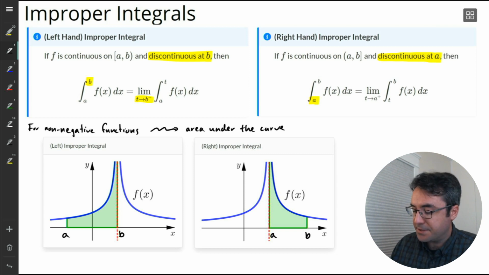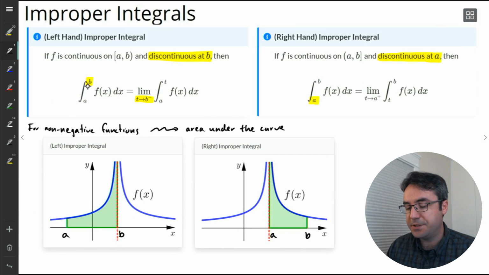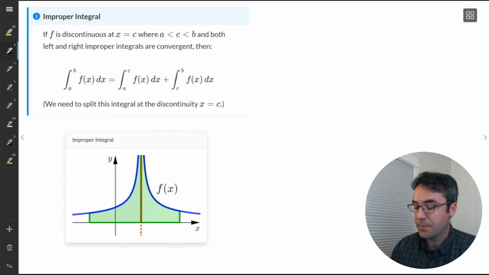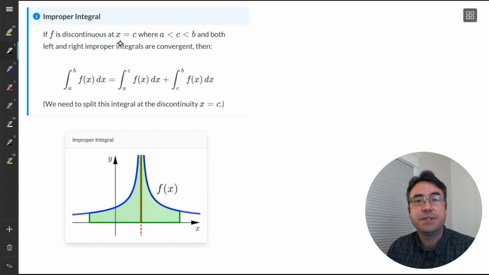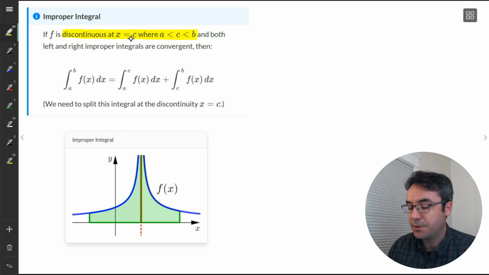Now there's one other case. These two cases, the left and the right, were where we had a discontinuity at one of the endpoints of our interval. Now we might have a discontinuity somewhere in the middle. So we might have this discontinuity at x equals c, where c is somewhere in the middle of our interval, so it's in between a and b.